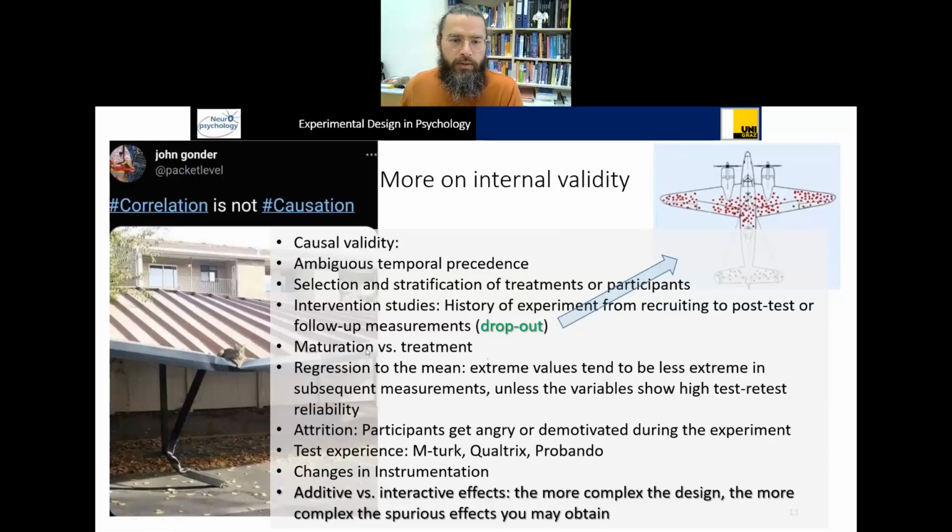Another important point is the distinction between maturation and treatment. It's really important, when experimental designs go on for so long, that you may no longer be able to disentangle natural maturation, the development of your individuals, from the effects of your treatment.